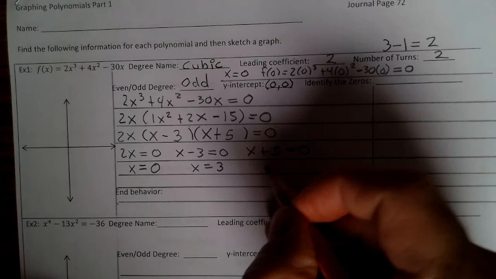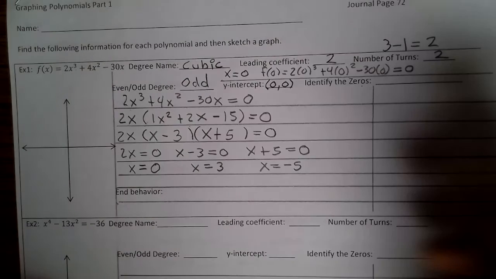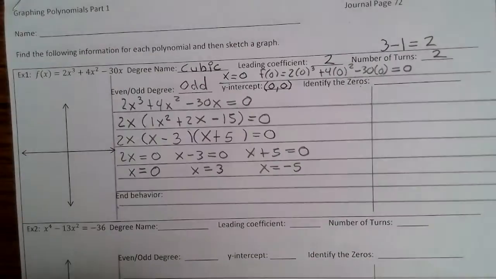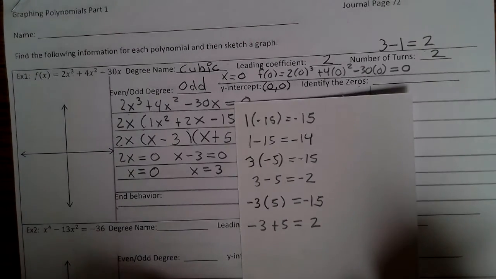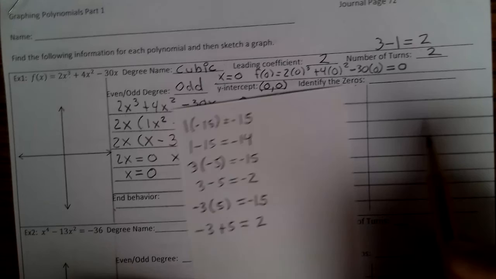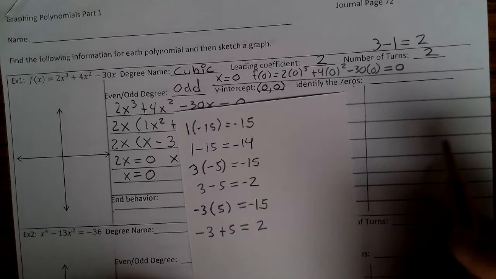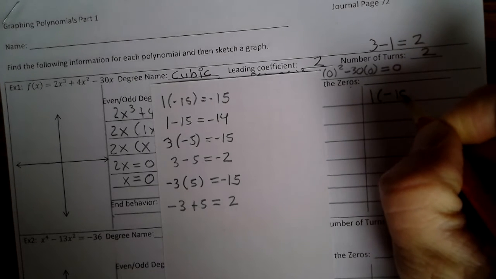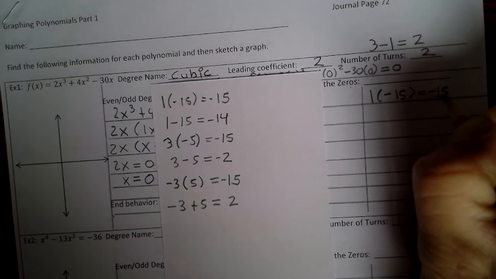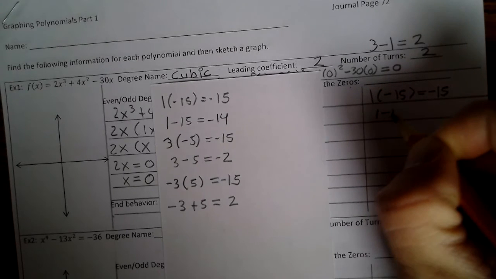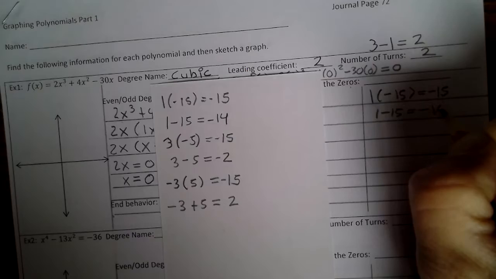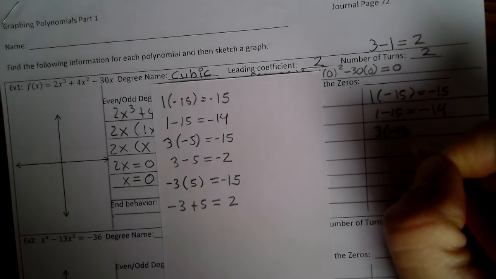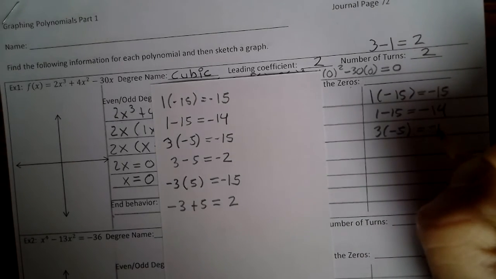Now, I used a note card for this work, but I just noticed that I left myself space to put that work here. So if you want, you can transfer this over to here. So 1 times negative 15 was negative 15. 1 minus 15 gives you negative 14, so that didn't work. 3 times negative 5 equals negative 15. 3 minus 5 equals negative 2.